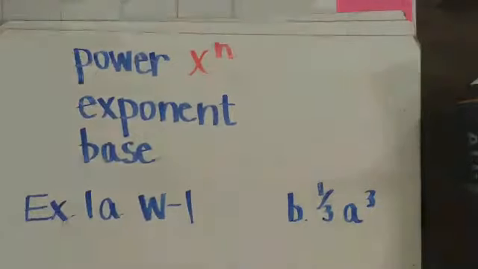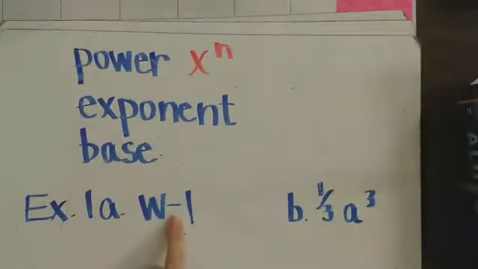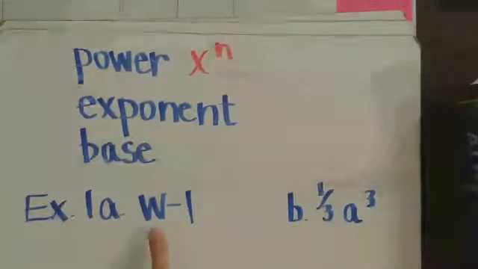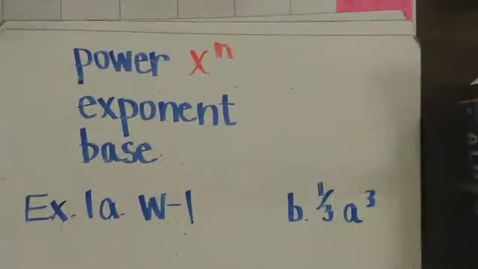Next, let's start with example 1. We're supposed to write a verbal expression at least 2 different ways for each algebraic expression. The first thing you want to do is look for the sign of the operation. We can see we have subtraction here, so we will need to use subtraction words to talk about W and 1.